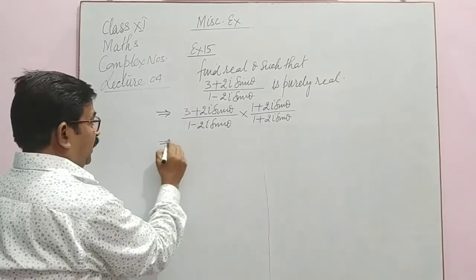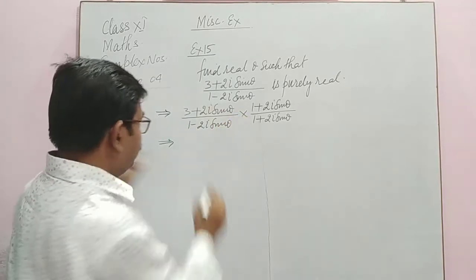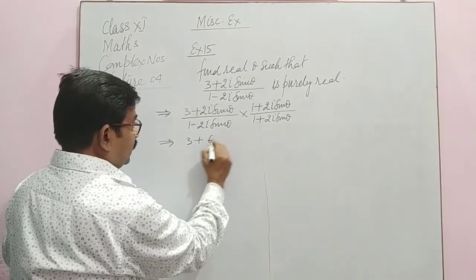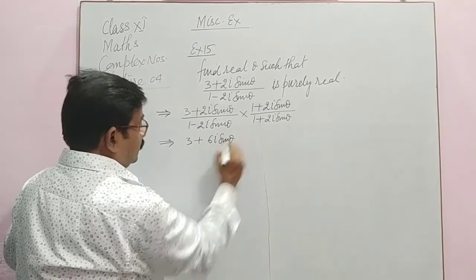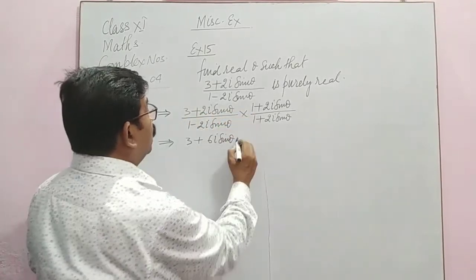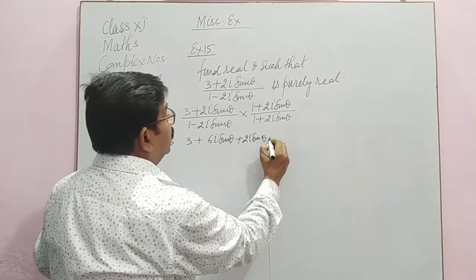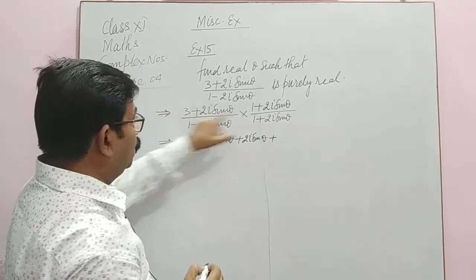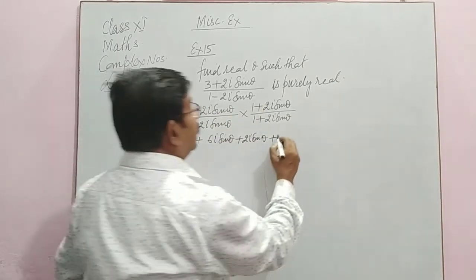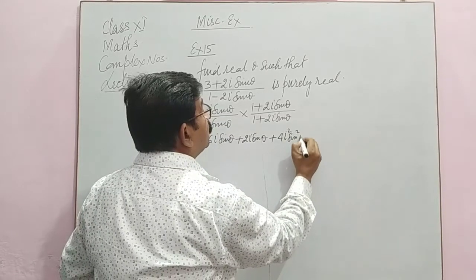Now let's multiply numerator and denominator separately. 3 ones are 3, plus 3 twos are 6i sin theta, plus 2i sin theta into 1, plus 2 twos are 4 i square sin square theta.